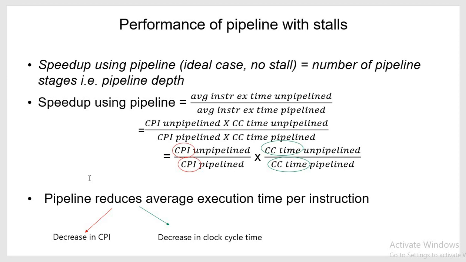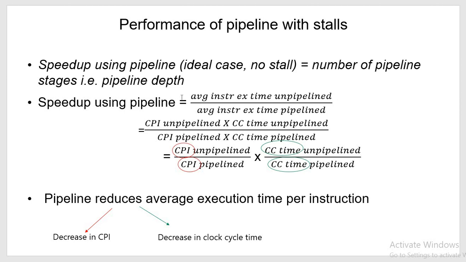So this was the case under the ideal condition. The speedup is the average instruction execution time of the unpipelined structure divided by the average instruction execution time of the pipelined structure, which equals the pipeline depth.